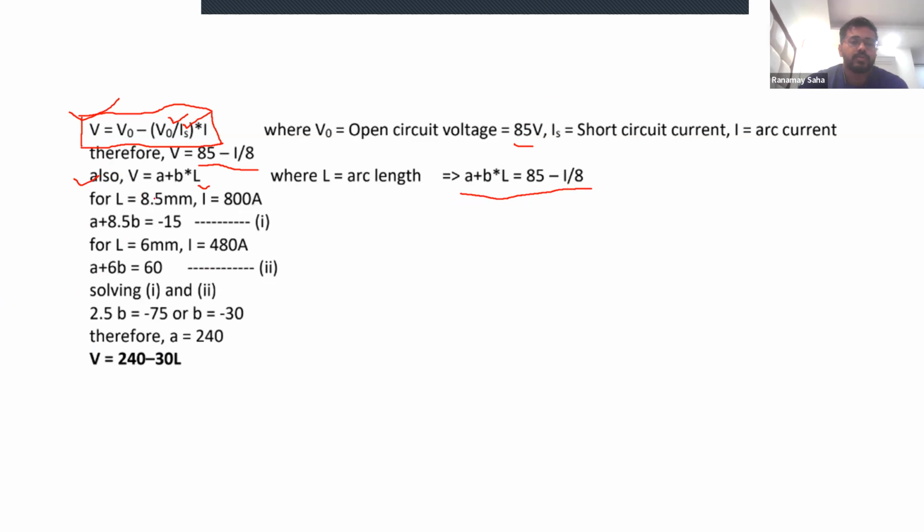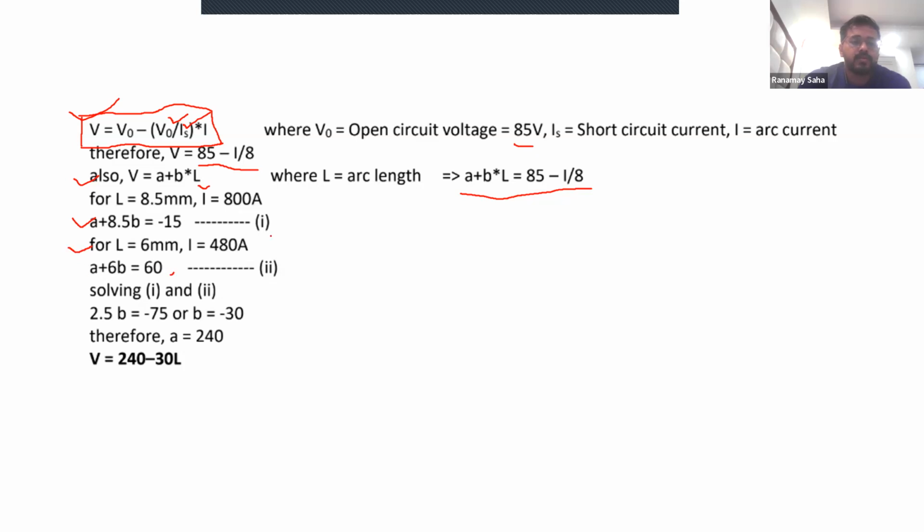Now, one condition given is at 8.5 mm of arc length and a current of 800. So this characteristic equation becomes A plus 8.5 B equal to minus 15. And for the condition of 6 mm and 480 amperes, it becomes 60.